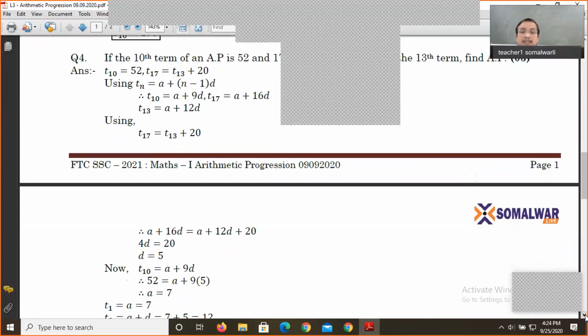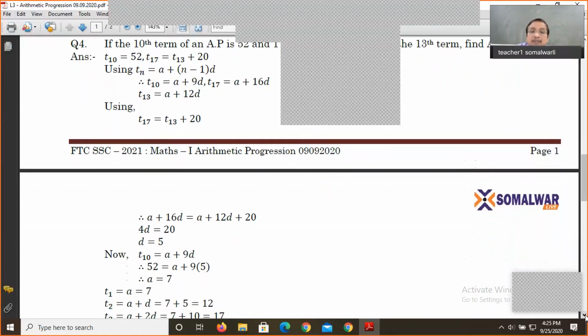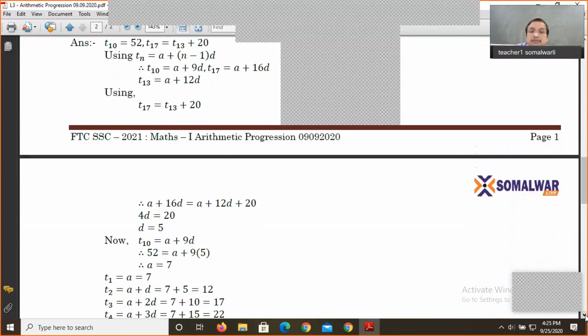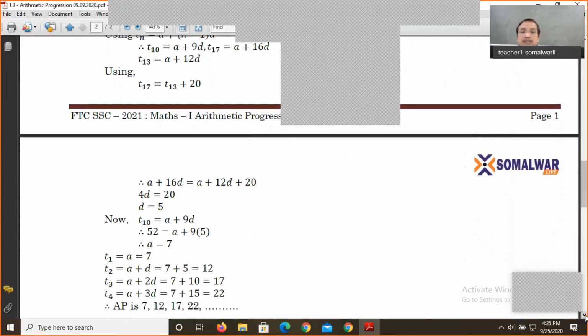Simplifying this, A gets cancelled from both sides. 12D comes to the left side, becomes 16D minus 12D, that gives 4D, and 4D is equal to 20, so D is equal to 5, simple. As we get the value of D as 5, then T10 is 52, just put the value of D here, you will get the value of A as 7, and what you have to find?